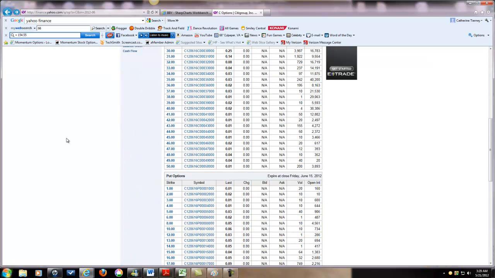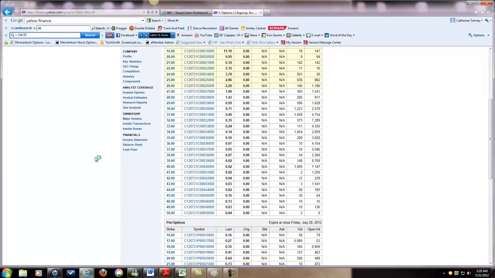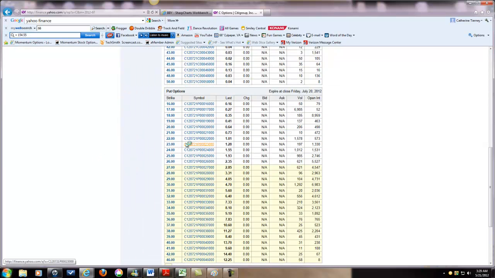Since Greece and all that's coming up probably mid-June, we talked a lot about that in the weekly wrap, the euro versus the dollar, the Greece situation, which we touch on the daily. So let's go a little bit further out, maybe to July. As you can see, the 22 puts here are $1.